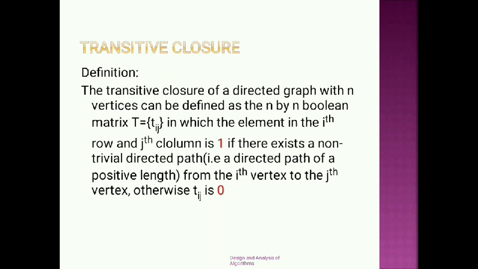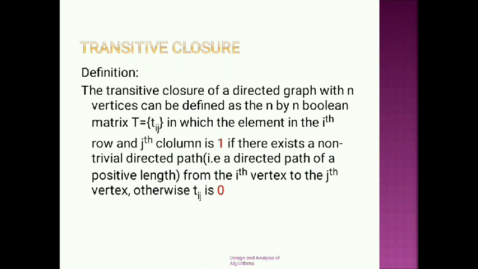The definition goes like this: the transitive closure of the given directed graph with n vertices can be defined as the n by n Boolean matrix in which the element in the ith row and jth column is 1 if there exists a non-trivial directed path from the vertex i to the vertex j, otherwise it is 0.